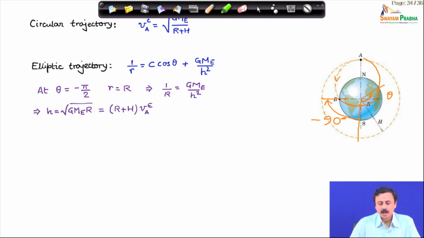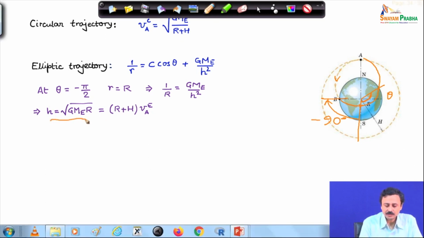From here I can get the value of h, the angular momentum per unit mass, which is a constant, and I can equate it to the small h value calculated from the tangential velocity of the satellite on the elliptic path that it should have, times the radial coordinate, which is r plus h.